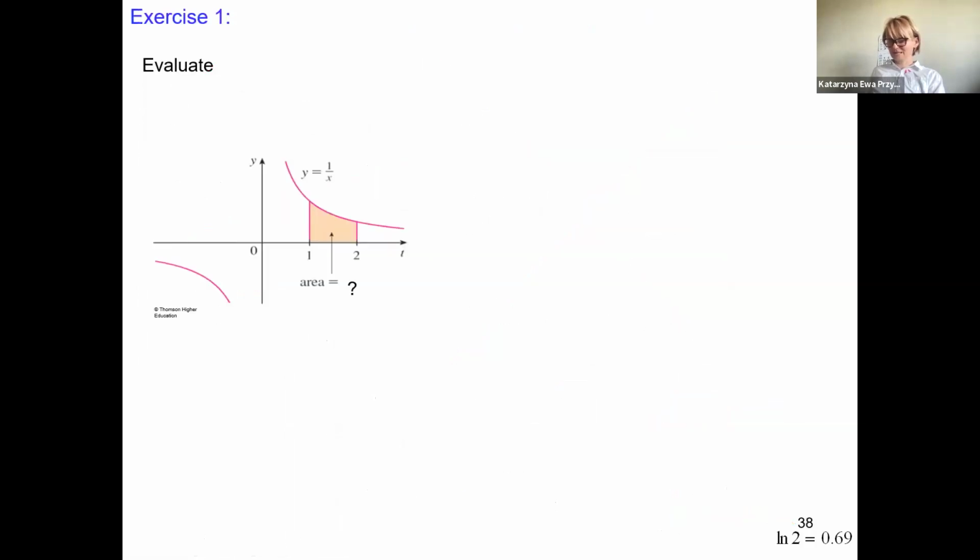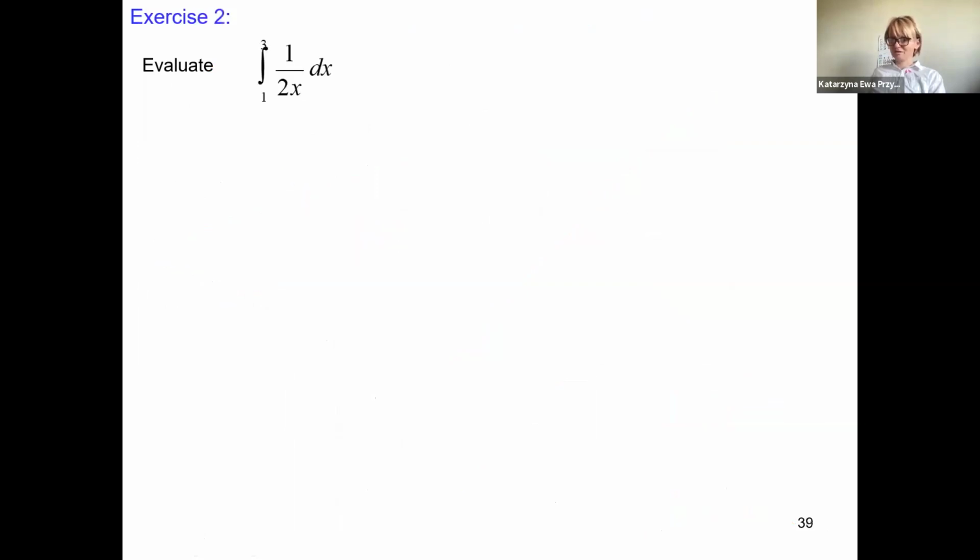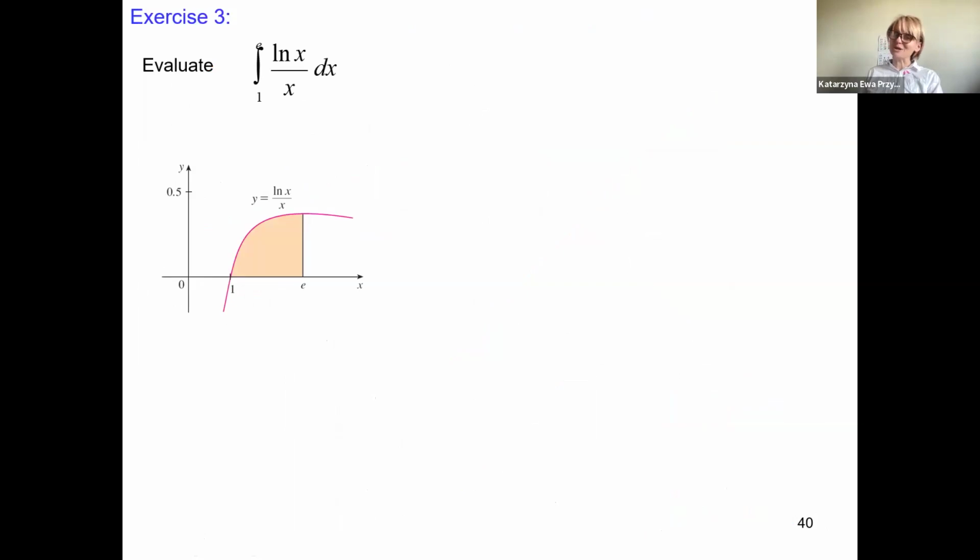Okay, what else? This one will be super easy, just natural log, super easy. What about this one? Let's do this one. This one is a little bit different. Natural log of x over x. What substitution we can do? From 1 to e looks like function is positive. That means looks like we're calculating that area.